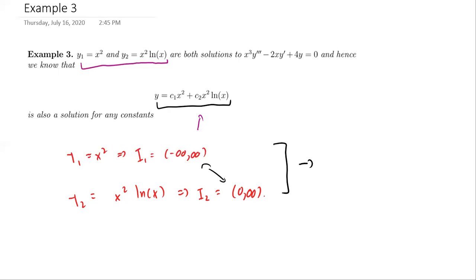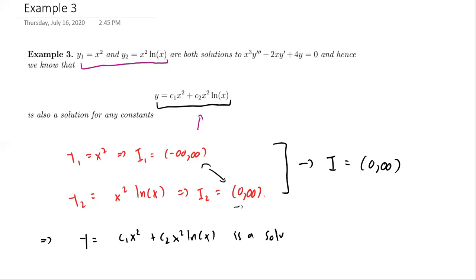If we have a solution that works on 0 to infinity, we take the interval of definition for these two functions to be 0 to infinity. So by the previous theorem, any linear combination of these functions, it doesn't matter what C1 and C2 are, they can be anything, is also going to be a solution on this interval of definition.